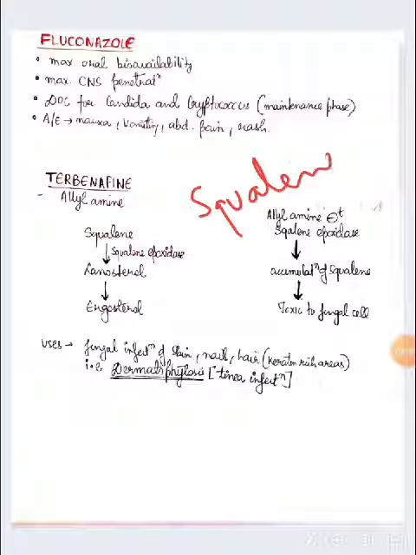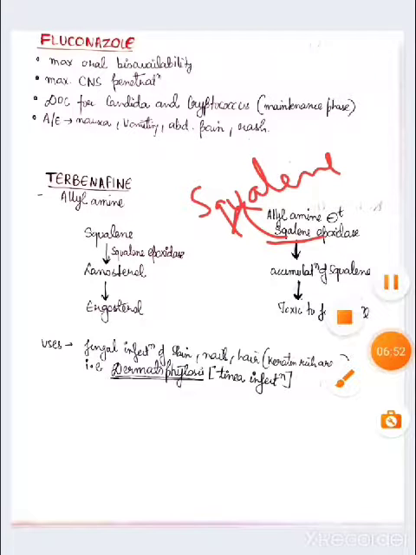Squalene epoxidase, because of which there will be accumulation of squalene, which is toxic to the fungal cell. So squalene, in the presence of squalene epoxidase, will form lanosterol and further ergosterol.